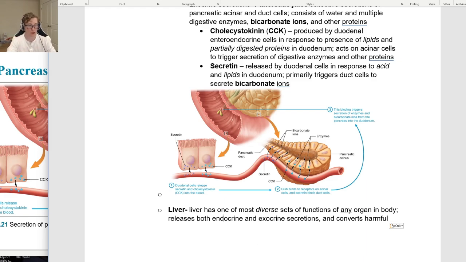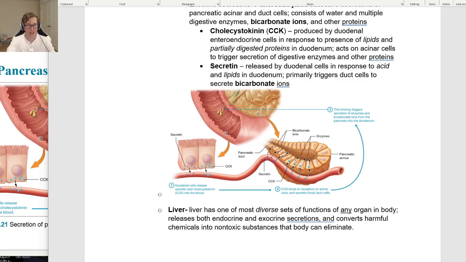It's going to release endocrine and exocrine secretions and converts harmful chemicals into non-toxic substances that the body can eliminate. Think of your liver as your chemical processing plant. The easiest one that I can talk about is if you drink a ton of alcohol, your liver is damaged. It's because your liver is your poison control center and is going to work tirelessly to try to neutralize it.